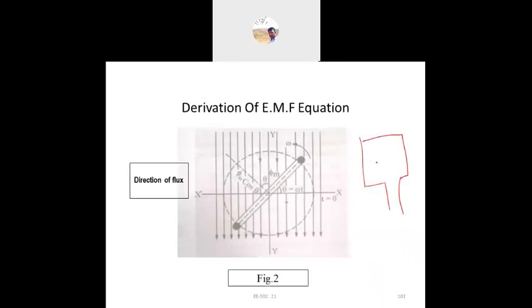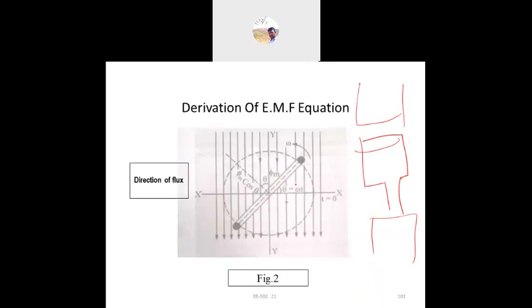If we place the conductor in between, the down arrow shows the magnetic field. The magnetic field is cut by the conductor and EMF is induced in it.